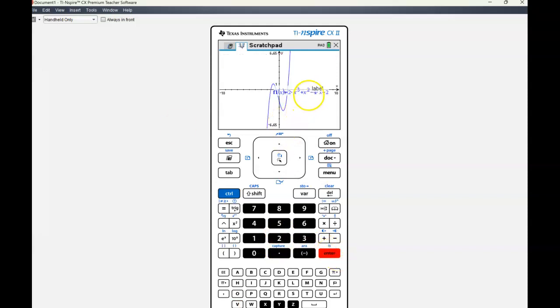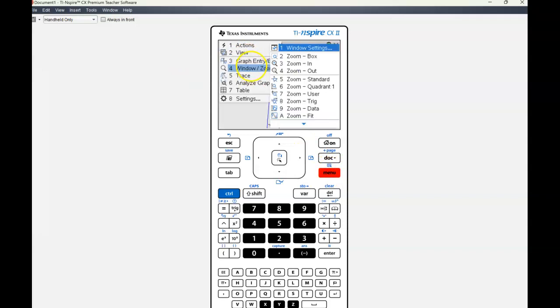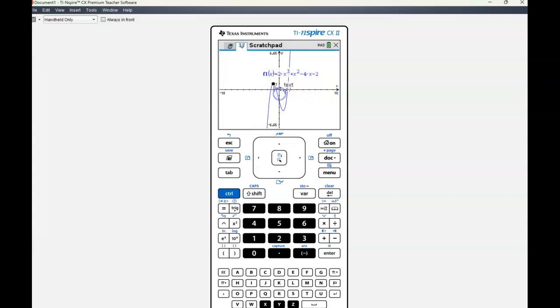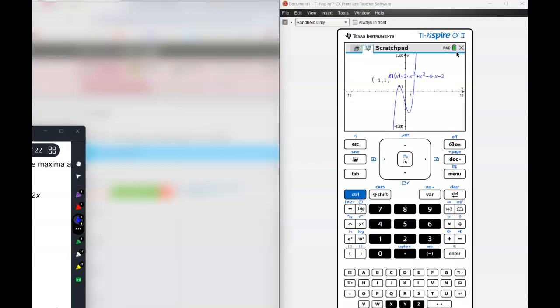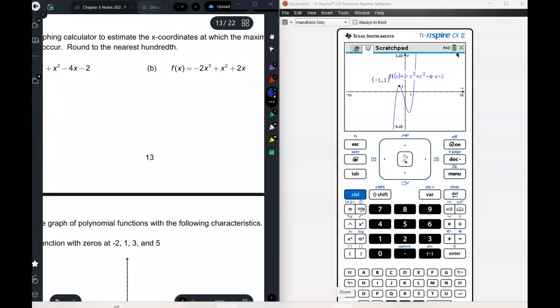Okay, right? And so now we need to be able to find, it says, the coordinates at which the maxima and the minima occur, right? So there is a maximum right here. So we're going to do menu, analyze graph, maximum. So that's that point. Okay, and it says to estimate the x coordinates where this happens.